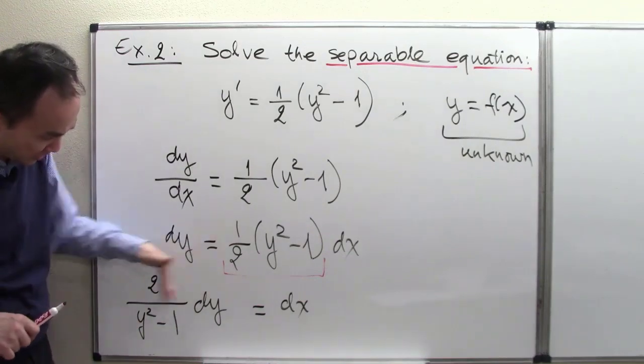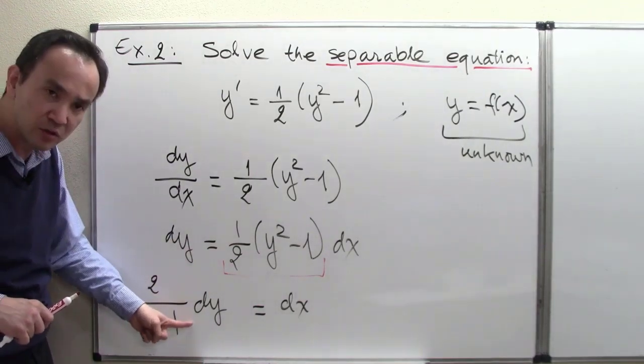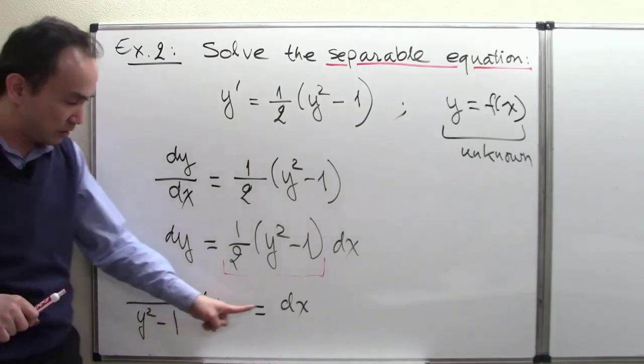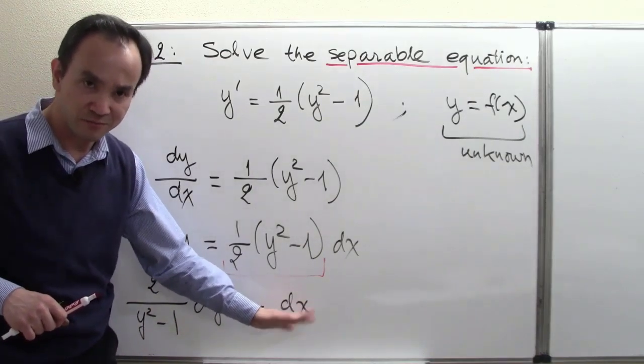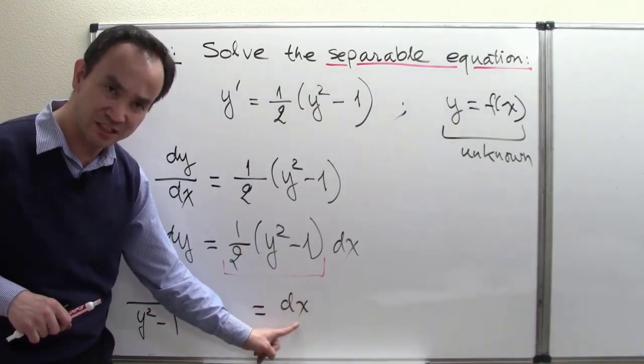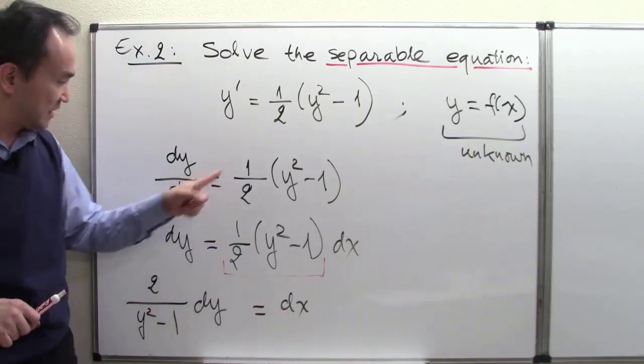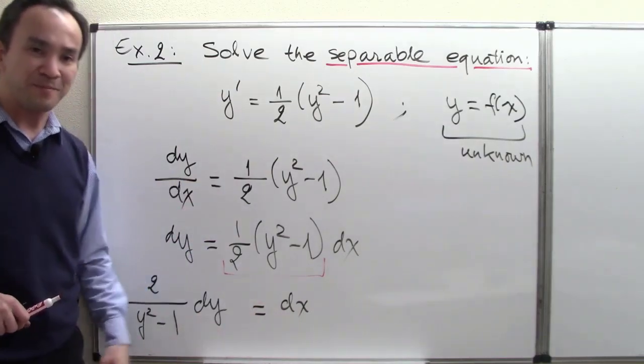On one side it's completely all y variables together with a dy differential, and on the opposite side it's the remaining variable, x, with the dx differential.